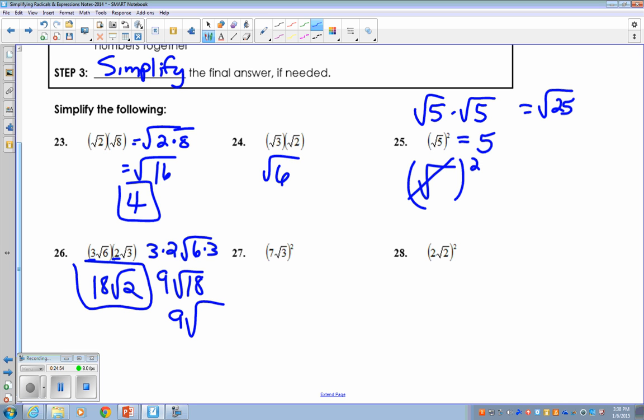It's 27 what? Yes, how'd you get that? So 39, and then 39, square root of 9 equals 3, right? Square root of 3 times the square root of 3 equals the square root of 9.